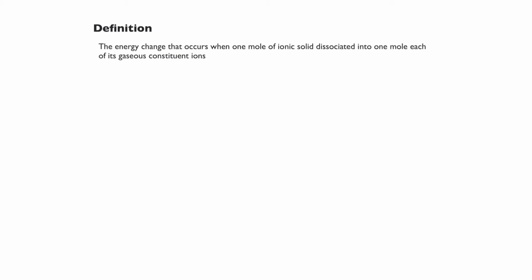Before understanding what is lattice energy, we should at least give it a thought what exactly is a lattice. So what is a lattice? Guys, a lattice is an abstract arrangement of points.